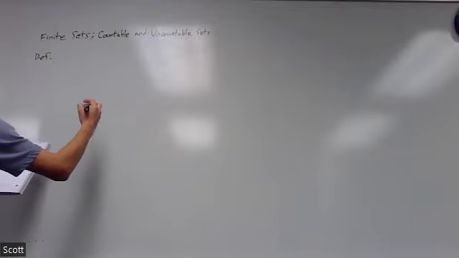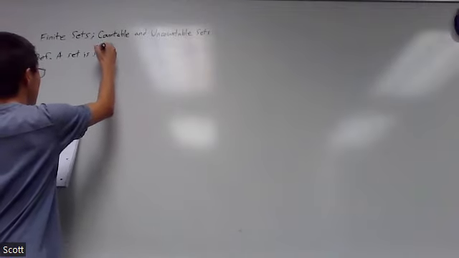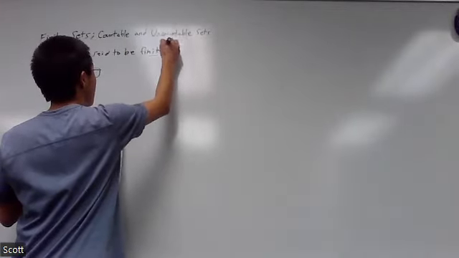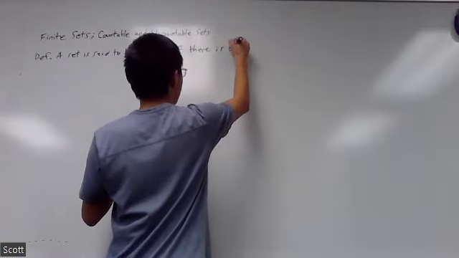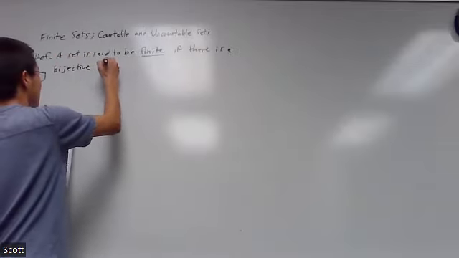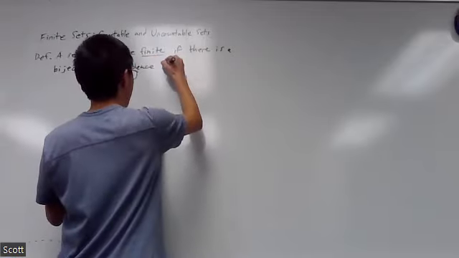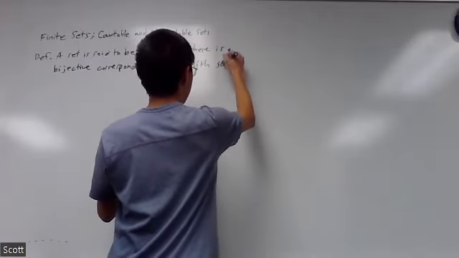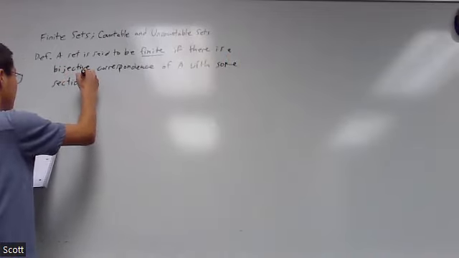Let's start with a definition: a set A is said to be finite if there is a bijective correspondence of A with some section, and we had defined what sections are of the positive integers previously.